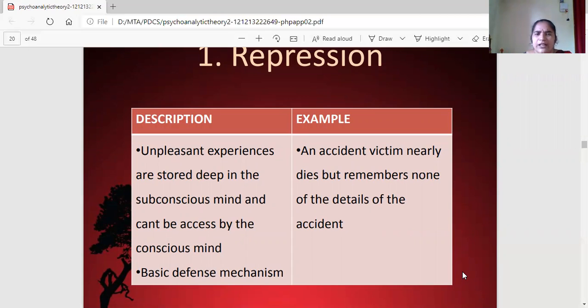You're storing it so deep that when you are awake you will not remember it. Say for example, a person has had a very deadly accident, where he almost had to die, but when you ask him after his recovery, he will not remember it.